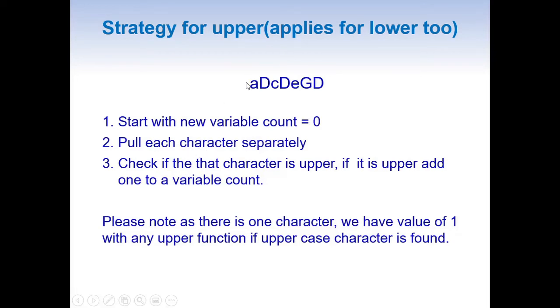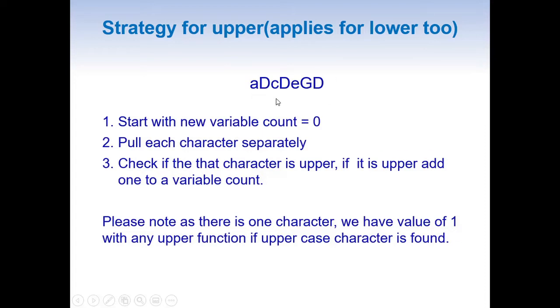Here, when I pull the first character, that is A, I will check whether this is upper or not. If it is not upper, I'm not going to do anything. But if it is upper, as in the case of the second character here, I will add 1 to it. In that way, I will add 1 whenever I see an uppercase letter.